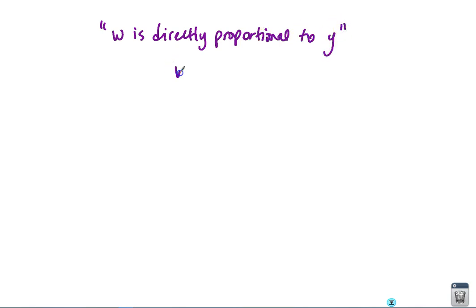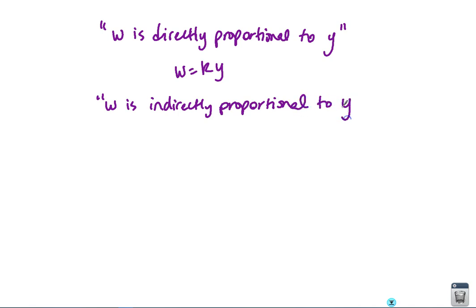So let's look at some specific examples. Oh, actually, nope, just kidding. Sometimes you're going to have different phrases. So whenever you see something like W is directly proportional to Y, you would write that as W is equal to K, your proportionality constant, times Y. Sometimes they're going to tell you that W is indirectly proportional to Y. Okay?